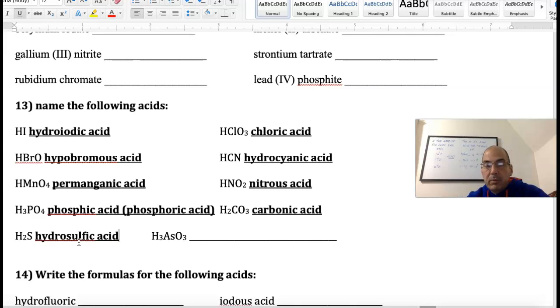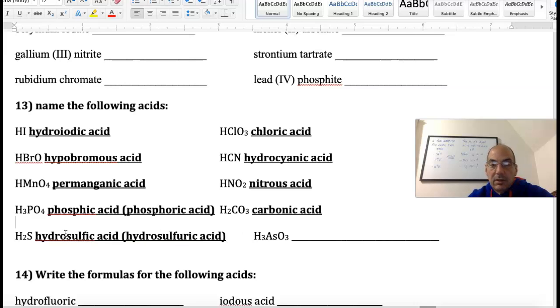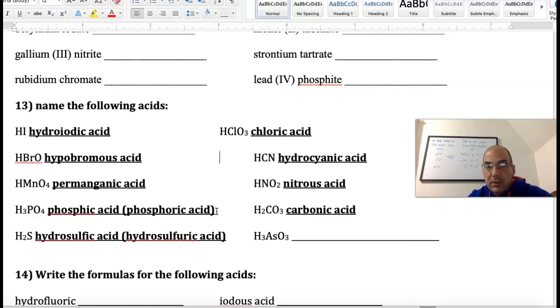But you may remember a moment ago I said a lot of people with phosphorus and sulfur like that sound. So more commonly people will call this hydrosulfuric acid. And again, I'm not going to take off if you do it the other way, but I want you to be familiar with these in case you hear me or see it in print other ways.